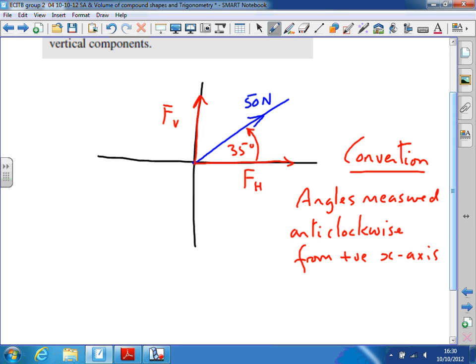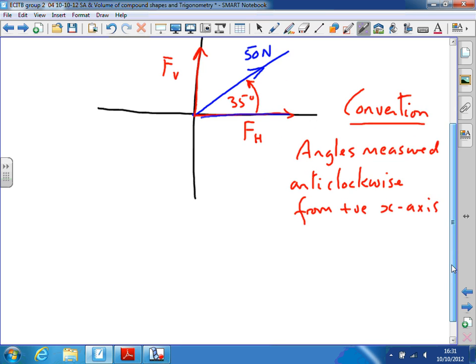So what I do is I imagine this line here as being here. So it forms the missing side of a right-angled triangle. So in fact, to do it, I construct a right-angled triangle where this side will be the vertical component of the force and this side will be the horizontal component of the force.